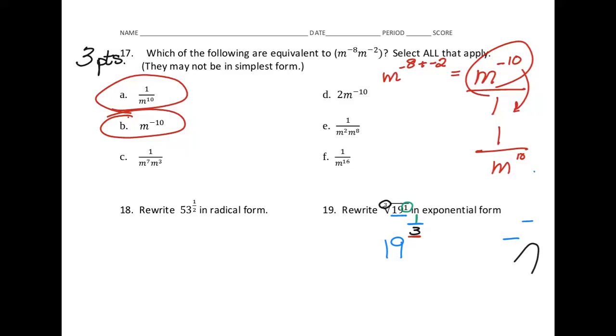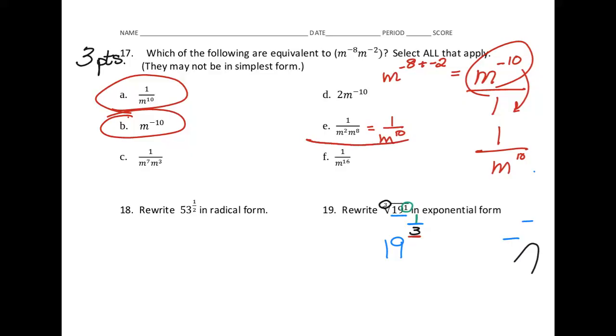Now, it says, which of the following are equivalent? Is there anything else in here that's equivalent to either of those two? Is E one of them? Well, let's see. 1 over m squared times m to the 8th. If I put that together, it would be 1 over m to the 10th, right?